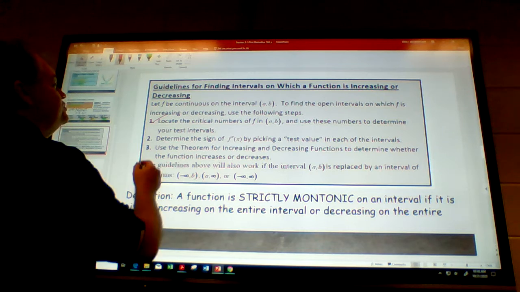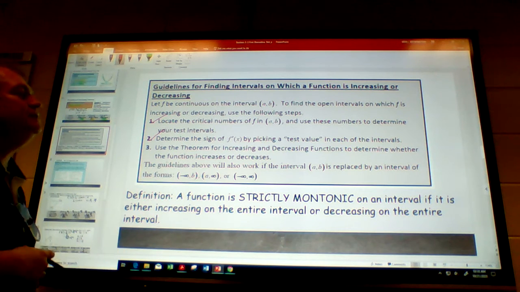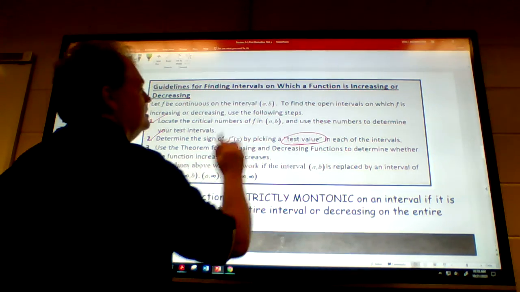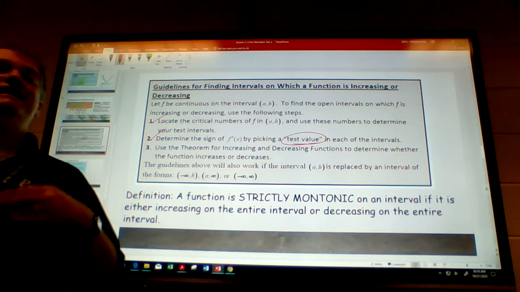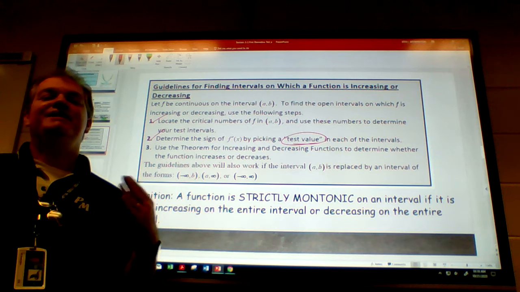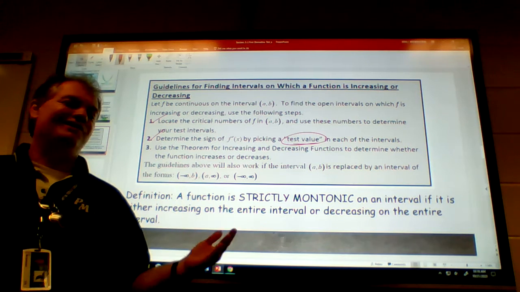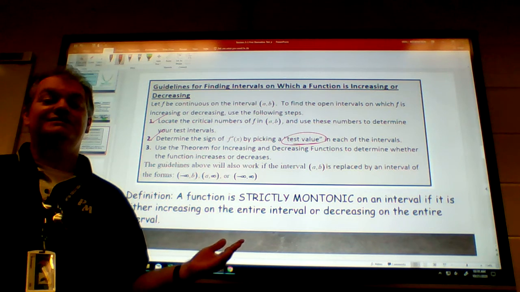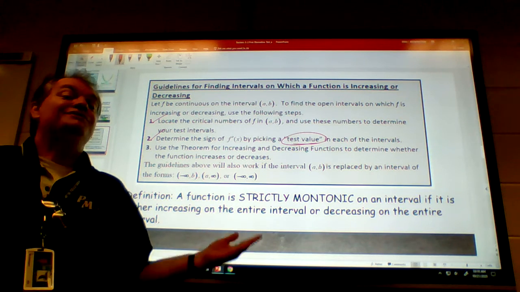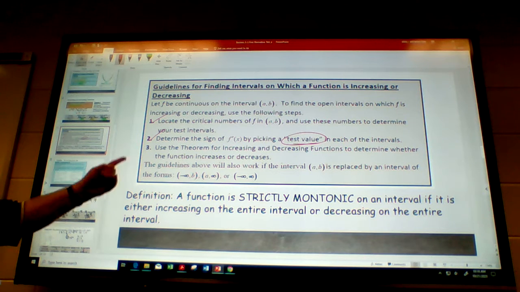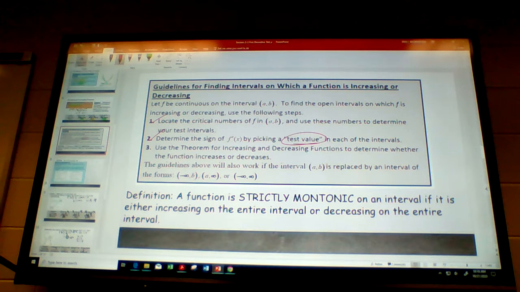Then, determine the sign of f prime by picking a test value in each of the intervals. Make it easy for yourself. Don't pick something complicated. Just pick something that's in between. Like if you can use 1 or -1, use those. If 0's in the interval, use 0. Just something that's easy. And then use the theorem for increasing or decreasing functions to determine whether the function is increasing or decreasing.